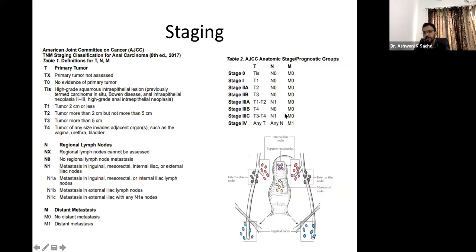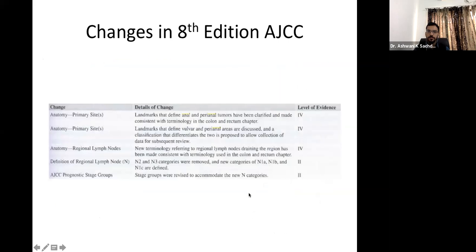Stage 3 will be any nodal involvement or T4 tumors, and stage 4 will be metastatic disease. So in the AJCC 8th edition, the major change is that N2, N3 categories were removed, and they have introduced new categories of N1A, N1B, N1C, and the rest they have just defined the landmarks of anal, perianal tumors, etc.